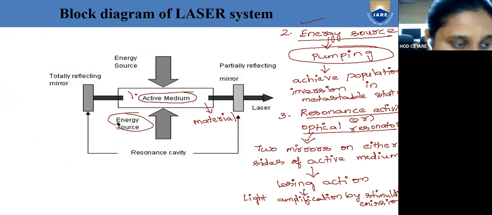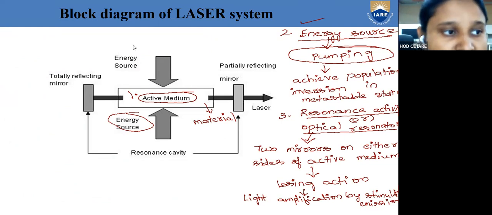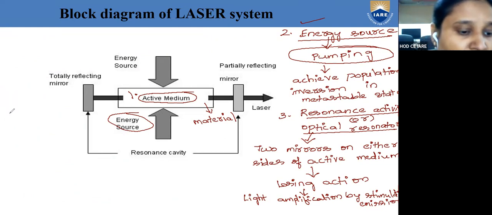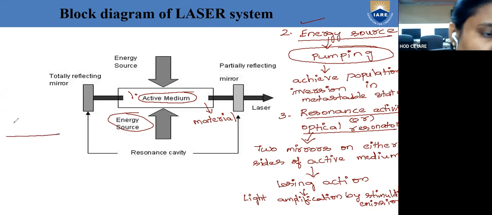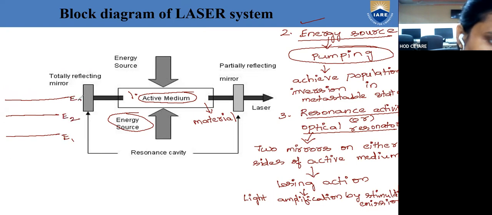Now see here. Because of this first part and second part, what are we able to achieve? My first part is the active medium. The active medium will have different materials, and these different materials will have different excited states. As I told you, suppose this is E1, this is E2 and this is E3, and let us say that E2 is the metastable state.